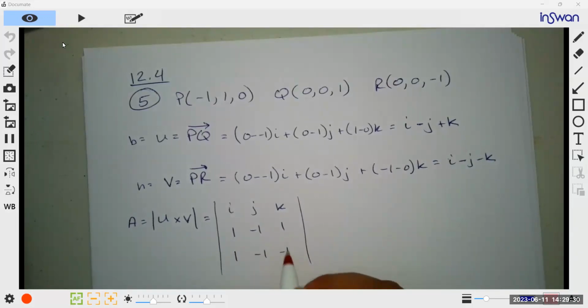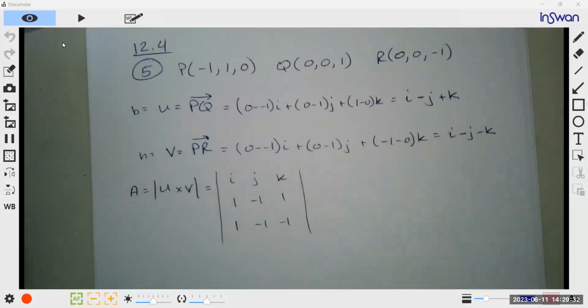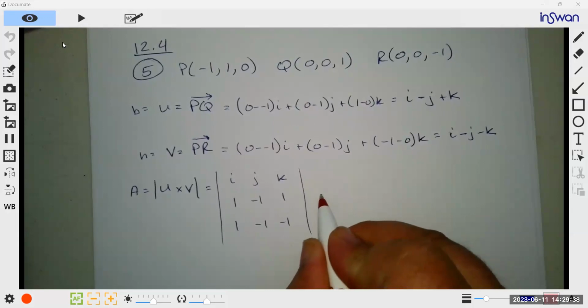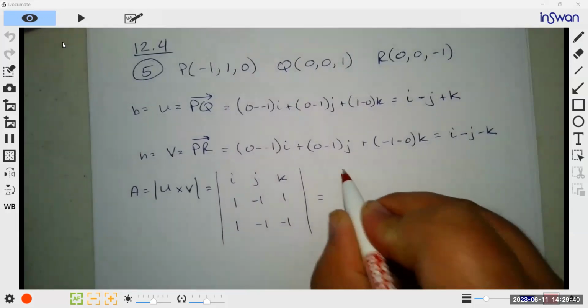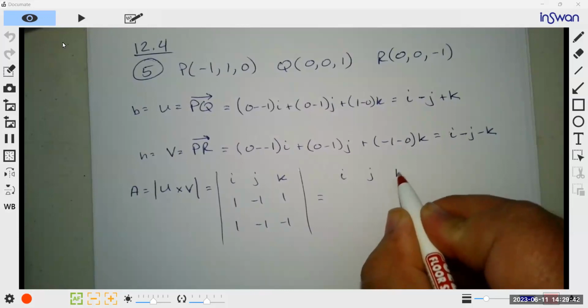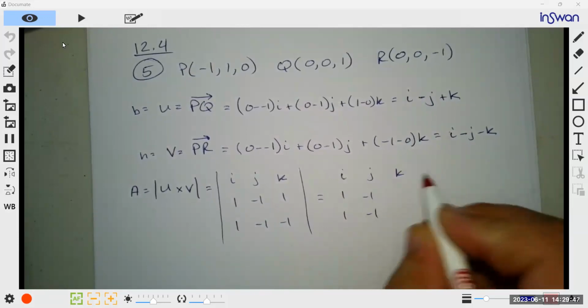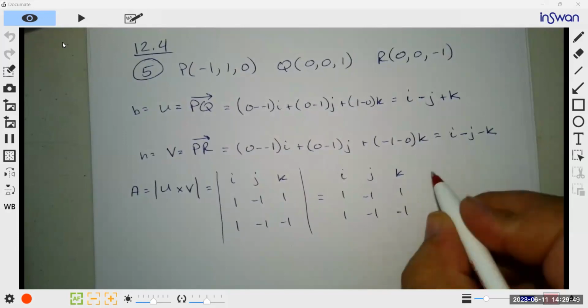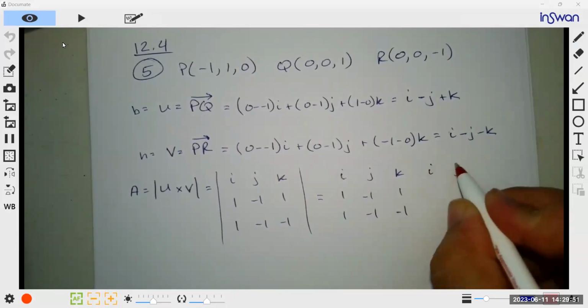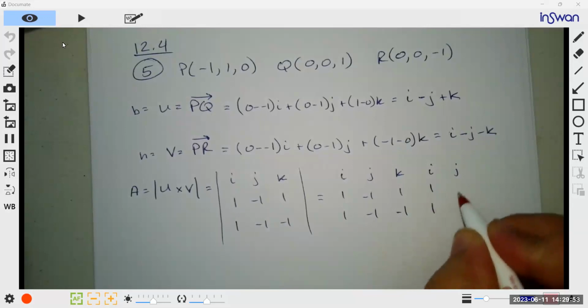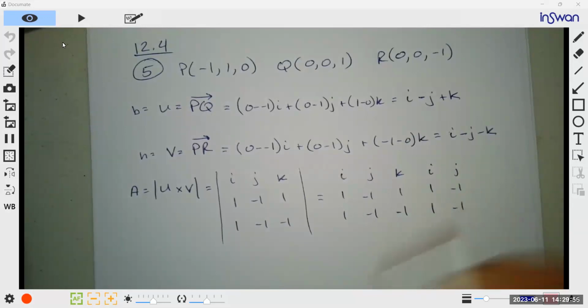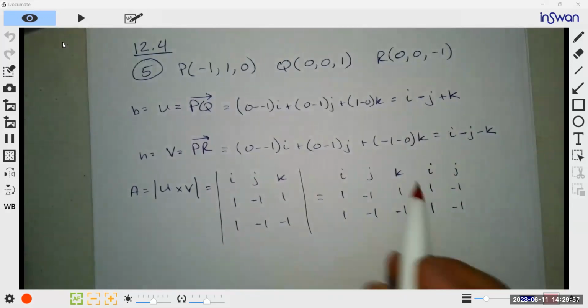V is 1, -1, -1. It's always safe to check your numbers again, because all it takes is one sign that's off, like I just did earlier. It'll ruin your whole answer.